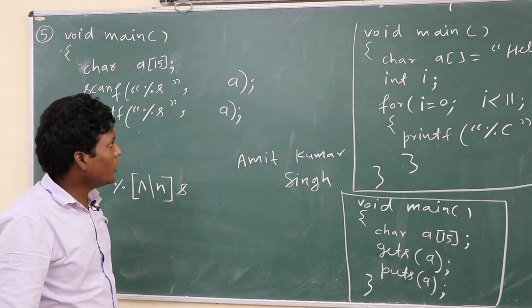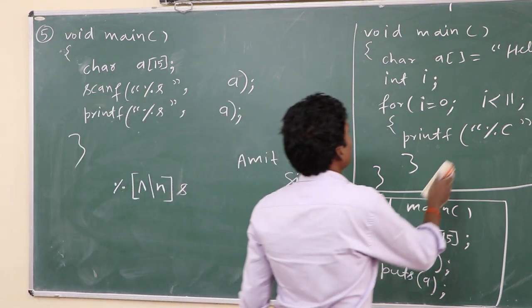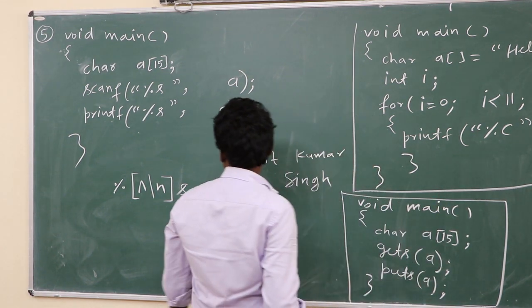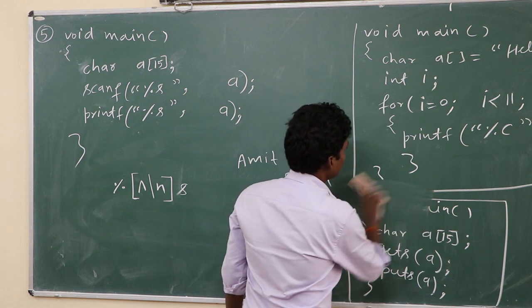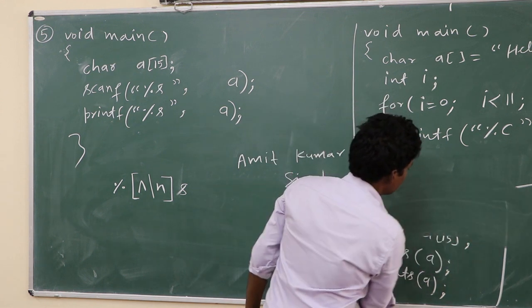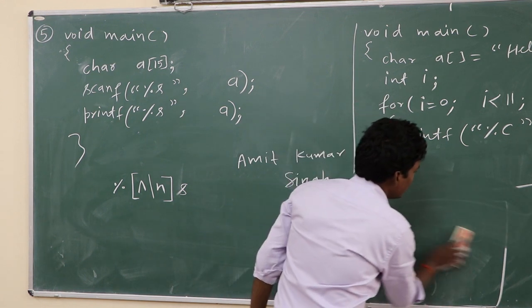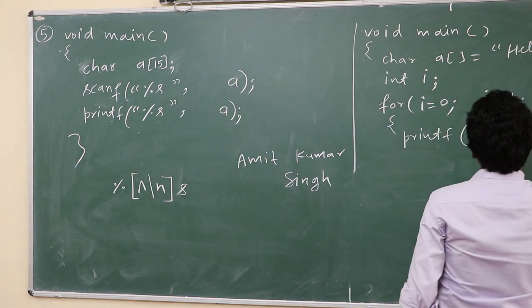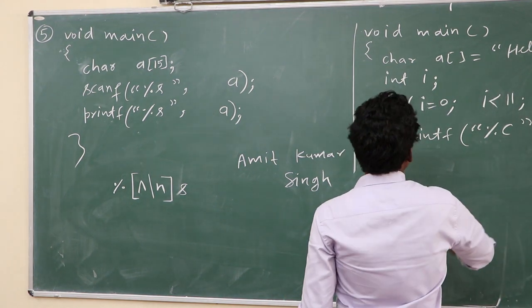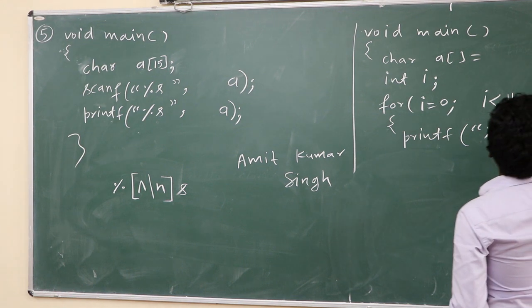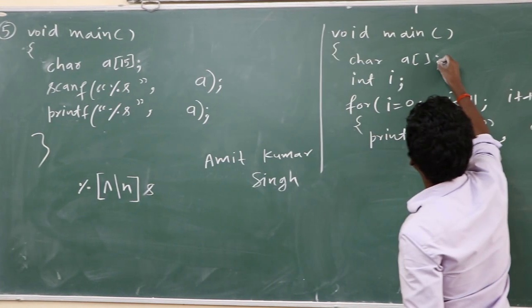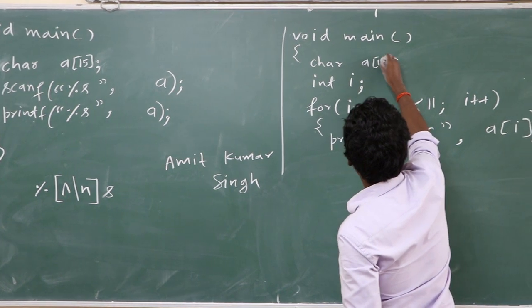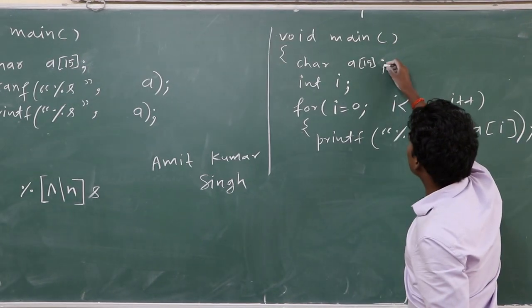Okay. Now we are going to change. Suppose class, there is a sixth method. Here b, do not initialize, just declare the array, the string.